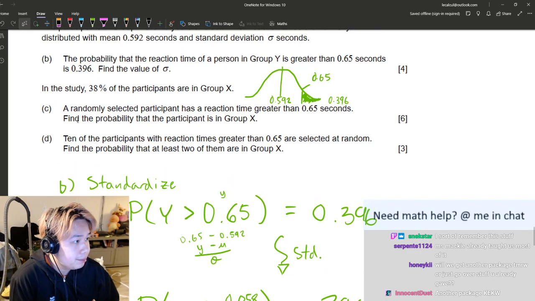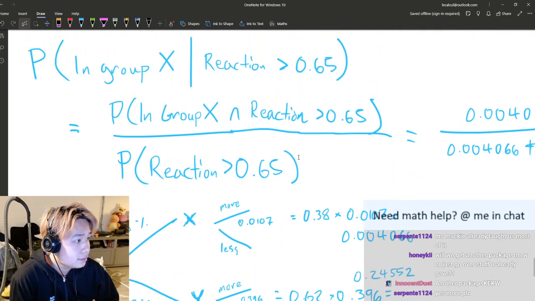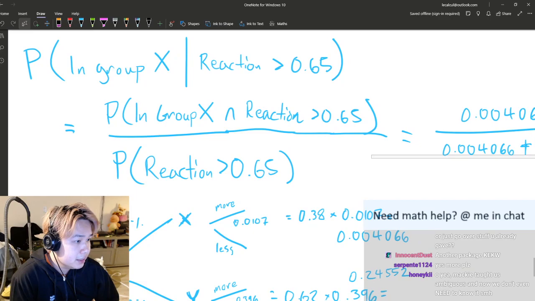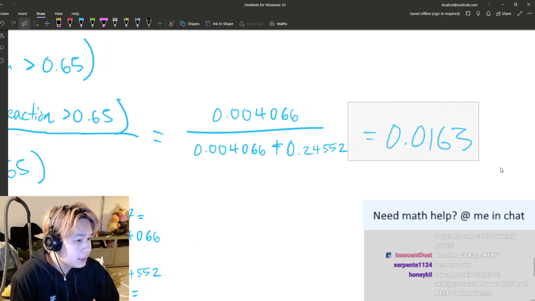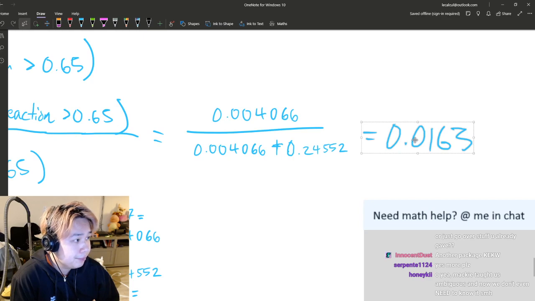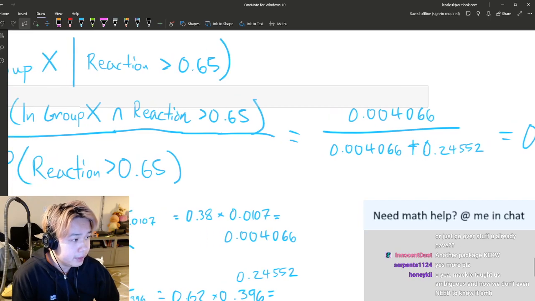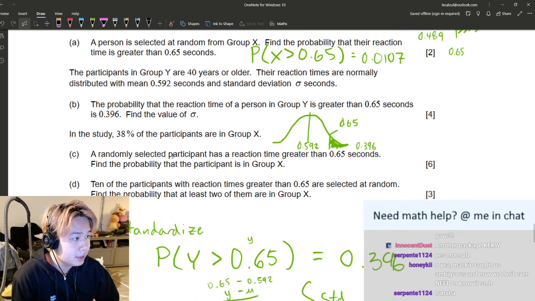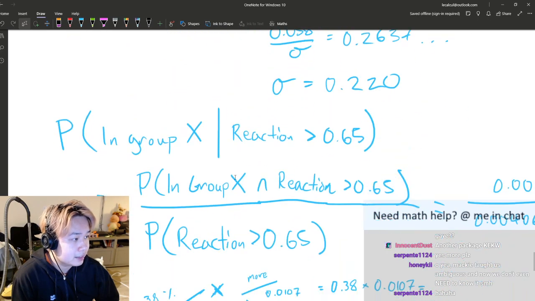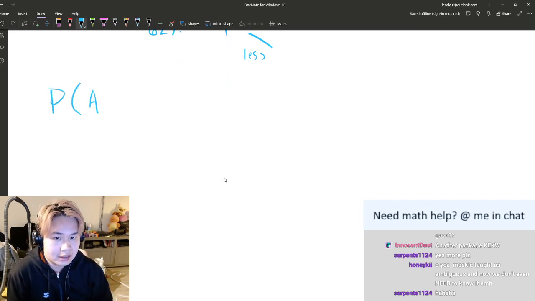So, in part C, we found, it was complicated, but essentially what we found is the probability of being in group X if you have slow reaction time. And now it says that we have 10 people, and each one has the same probability of being in group X. What's the probability of at least 2 of them being in group X? So in other words, the probability of at least 2.